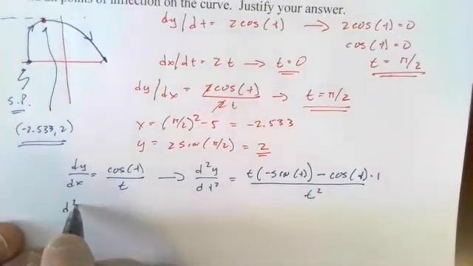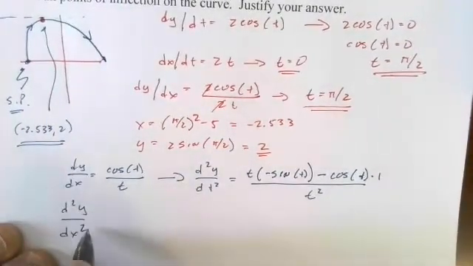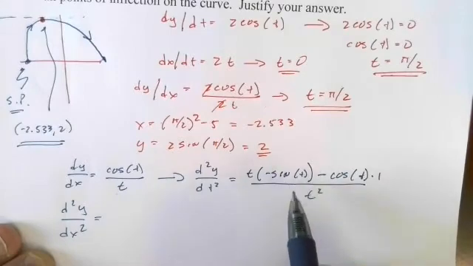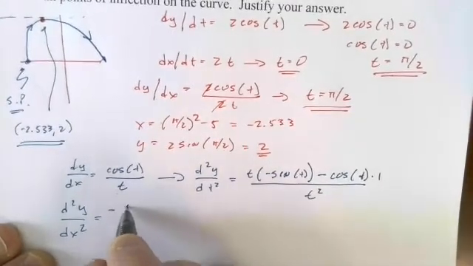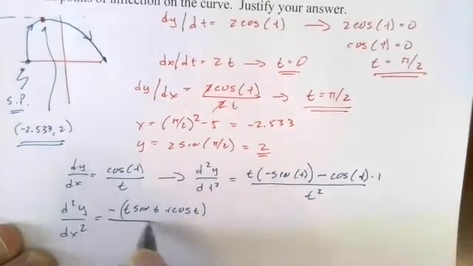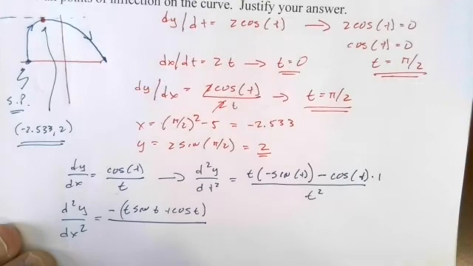So d squared y dx squared. Confused yet? Yeah, look at that. Wow, that's just nasty. Is that over my original dx/dt, which was just a t. So what do we got here? I'm going to factor out the negative. You know why? Just because. Sine of t plus cosine of t over t to the third.